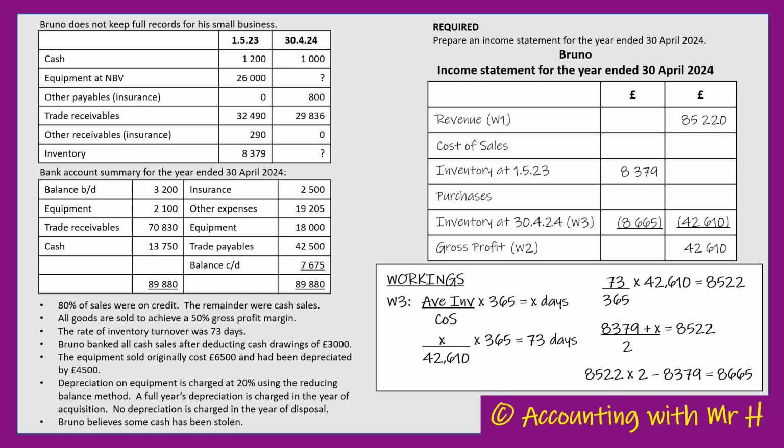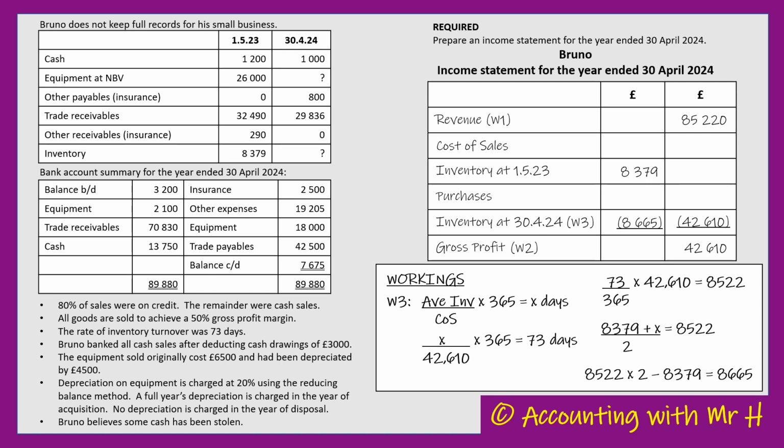There we go. And so now all I'm left with in this question is the purchases. And again, this is this technique of using the financial statements themselves to help find missing figures. Because now that I know the opening inventory and the closing inventory and the cost of sales, I can work backwards to see what the purchases were.